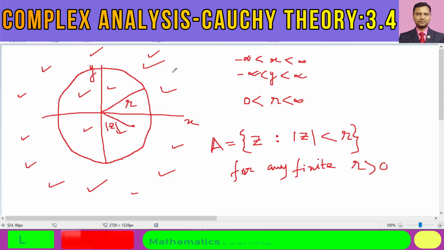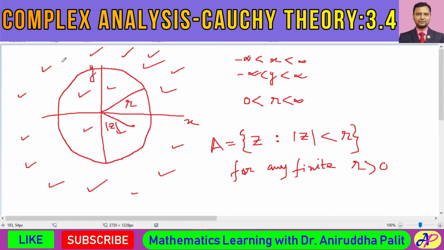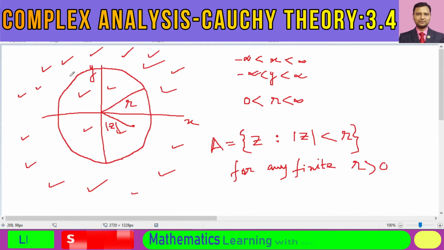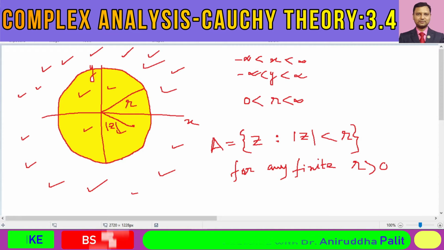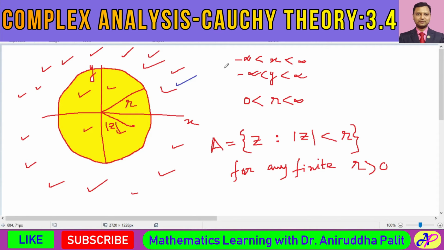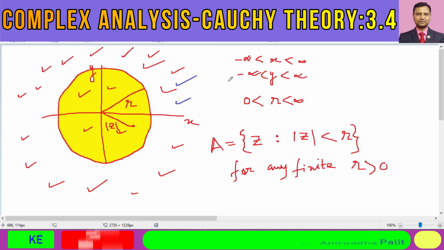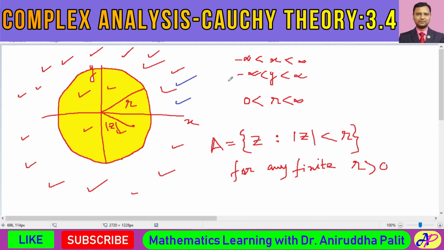It is the entire region outside the circle, known as the infinite complex plane, or simply the infinity in terms of complex numbers. Clear? So this is the idea. This interior part, this shaded region, is the finite complex plane, and outside this region is known as the infinite complex plane, where r is of course any finite real number.